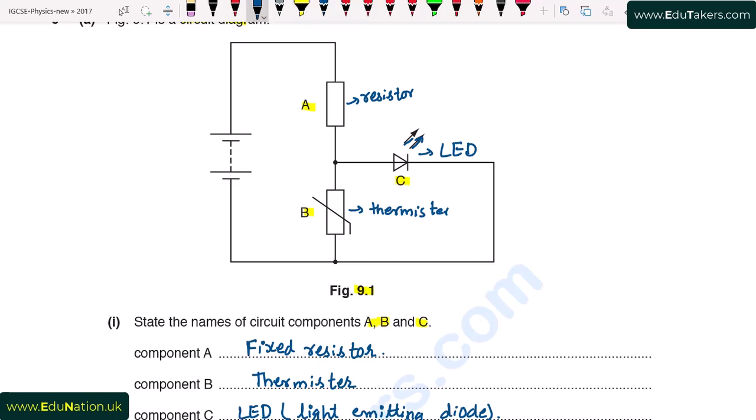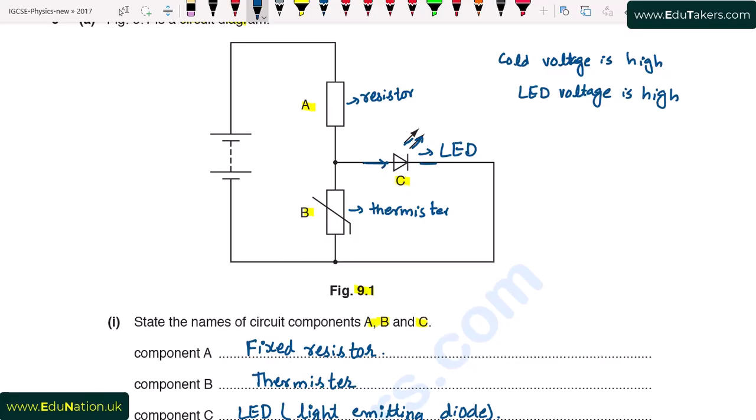If I say that when cold, the voltage across the thermistor is high, then the voltage across the LED, that is the input voltage, will be high. In the case of high voltage, there will be a large current in the LED. So when a large amount of current passes through the light emitting diode, it lights up brightly.